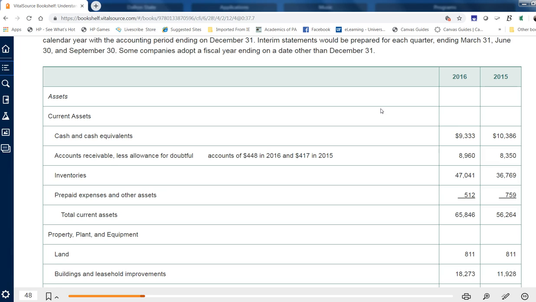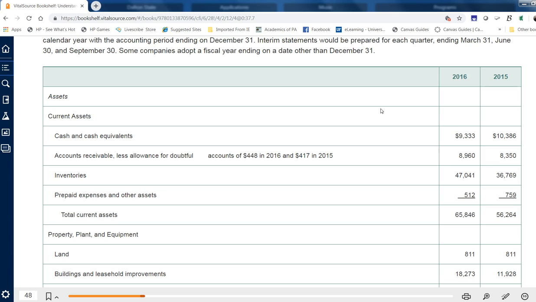Okay, the income statement data, when we look at that in Chapter 3, income statement data is a period, so it covers an entire period. So it would be from January 1st of 2015 to December 31st of 2015. Same thing for 2016, January 1st of 2016 to December 31st of 2016.